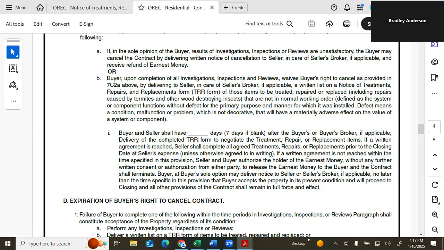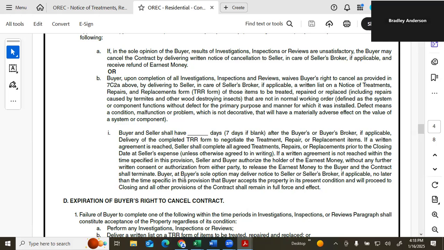If a written agreement is reached, seller shall complete all agreed upon treatments, repairs, and replacements prior to the closing at seller's expense unless otherwise agreed in writing. If a written agreement is not reached within the time specified in this provision, so this number here, seller and buyer authorize the holder of the earnest money without any further written consent or authorization from either party to release the earnest money to the buyer, and the contract shall terminate.